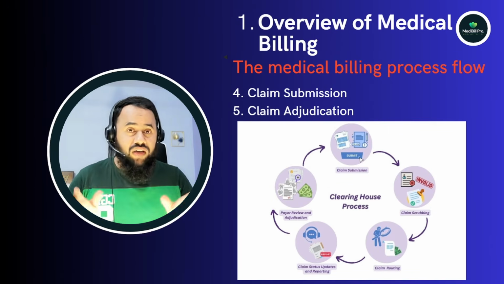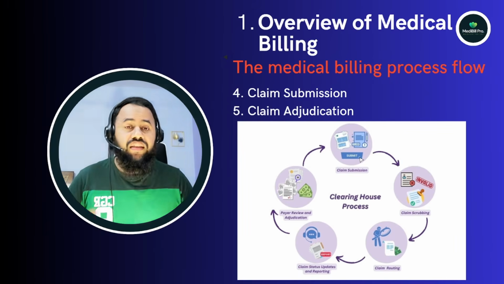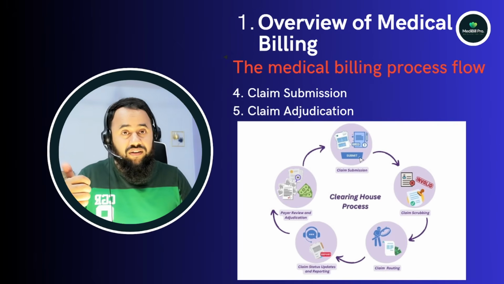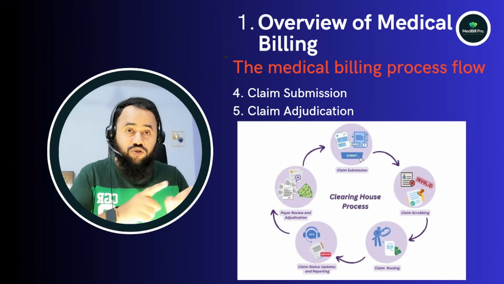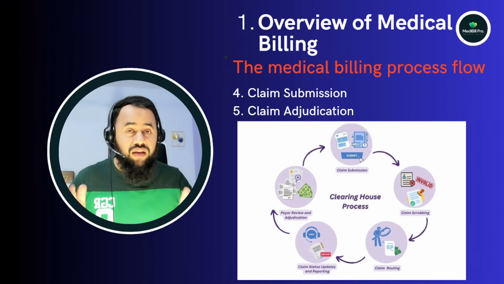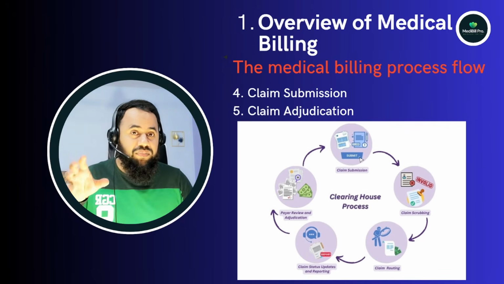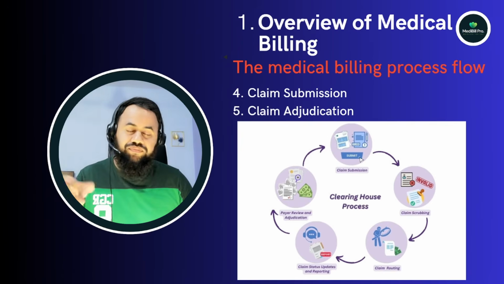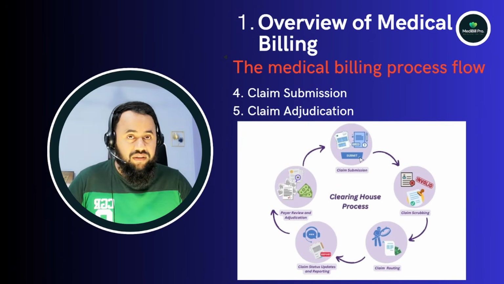If the claim has any issues or errors, or anything that looks fishy or not accurate, then that clearing house, which is basically a bridge, is going to send back that claim to the provider, and it will not submit the claim to an insurance company. These clearing houses send back that claim to the provider saying that you need to fix this issue. Then you can submit the claim again.